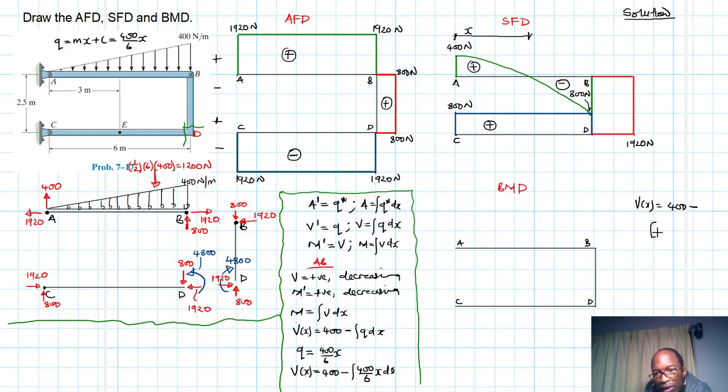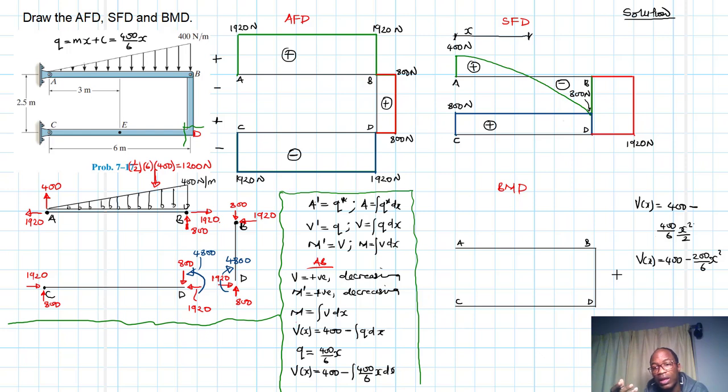It becomes 400 divided by 6, we'll leave it as an indefinite integral, and then x squared divided by 2. Finally v(x) becomes equal to 400 minus 200 divided by 6 x squared. So this is a general equation for our v(x).